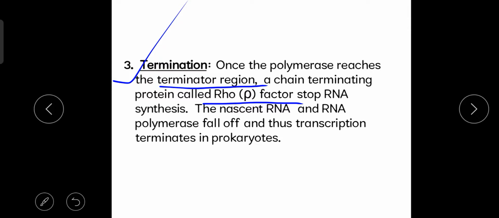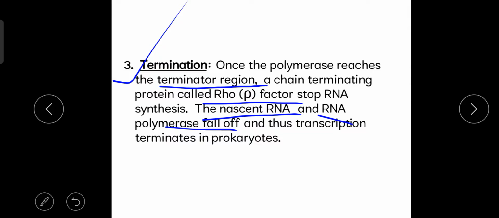This way the newly formed RNA strand and the RNA polymerase are separated from each other, and thus one RNA is formed in the prokaryotic cell. Remember, in a prokaryotic cell, both the transcription process and the translation process occur in the same region, that means in the same cytoplasm.